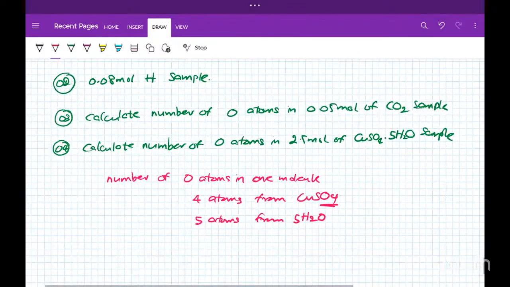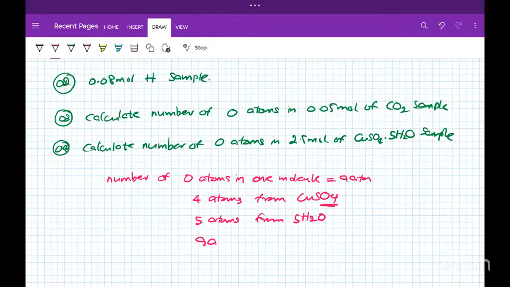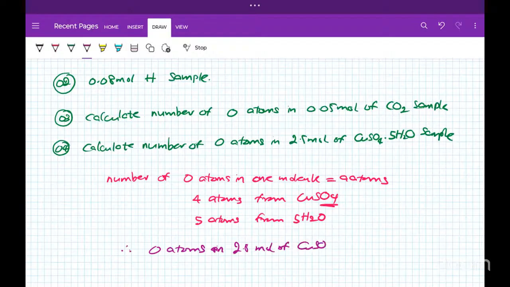So altogether there are 9 atoms. So we are talking about 2.5 moles. So there are oxygen atoms in 2.5 moles of CuSO4.5H2O. These are very simple theories, like this is 9 into 2.5 into 6.022 into 10 to the power 23.